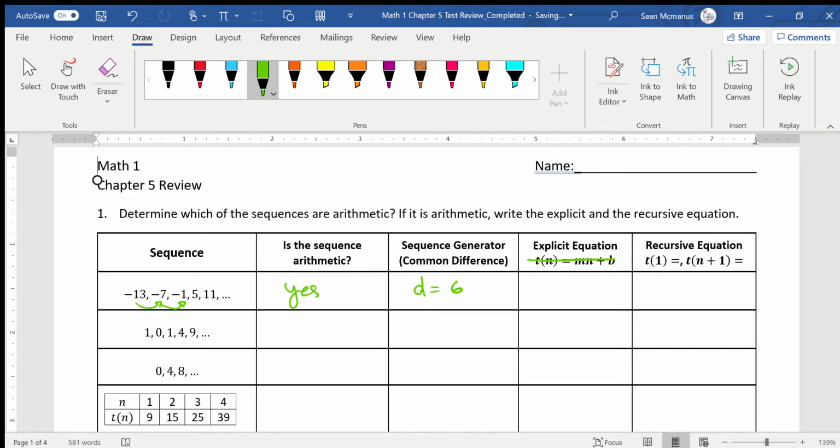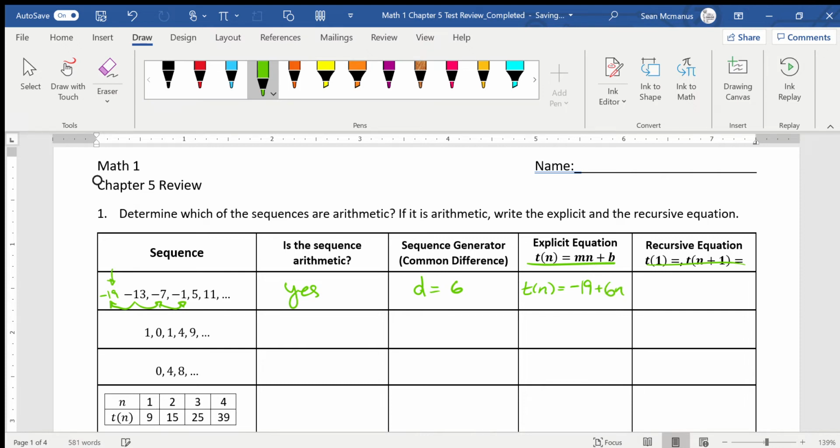So the explicit equations, I'm going to forget about these right here and just do what we were doing. So our explicit equation, t of n equals t of 0. So I actually have to go backwards and find what would go here, the 0 term. I'm adding 6, so I'd subtract 6 the other way. So negative 19 plus 6n.